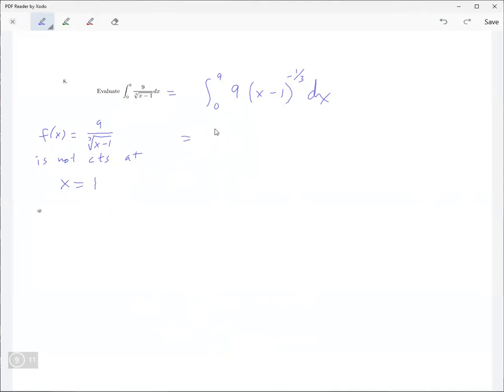Okay, so what you do is you split it up into the integral from 0 to 1 of (x minus 1) to the negative 1/3, plus the integral from 1 to 9 of the same thing, like that. Because it's not continuous at 1. Plugging a 1 in here gives a 0 in the denominator. And 1 is in this interval here.